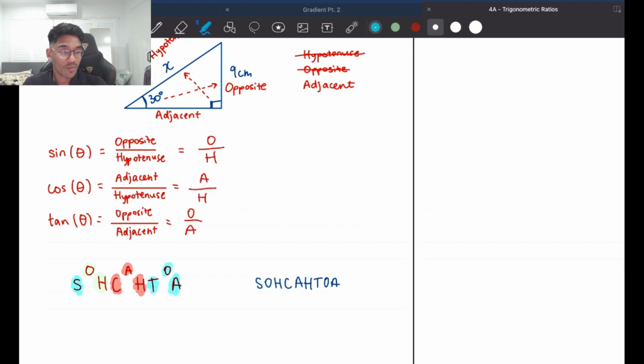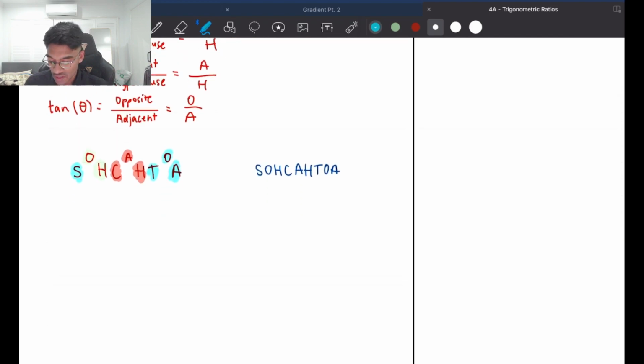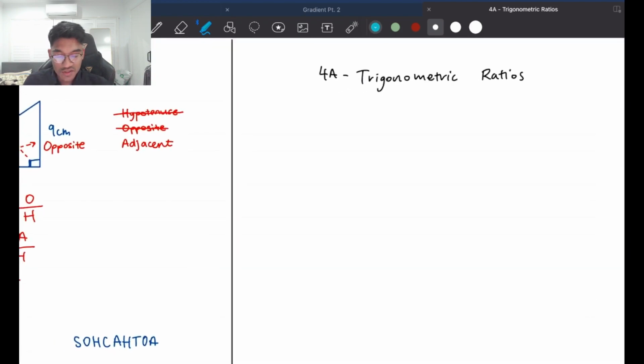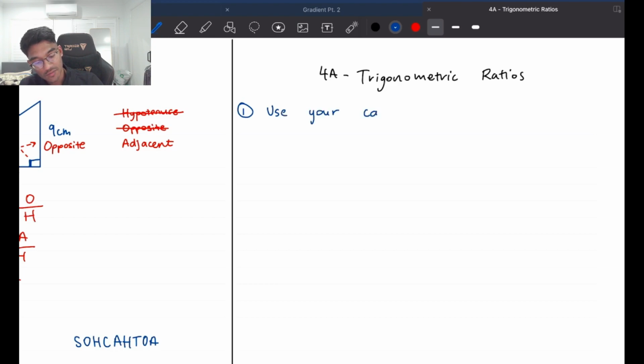So what I'm going to do is get you guys to get your calculator out. We're going to do a couple of worked examples. I'm going to set you some questions. So let's do some examples, just to get us used to our calculator. Question 1: use your calculator to solve the following.